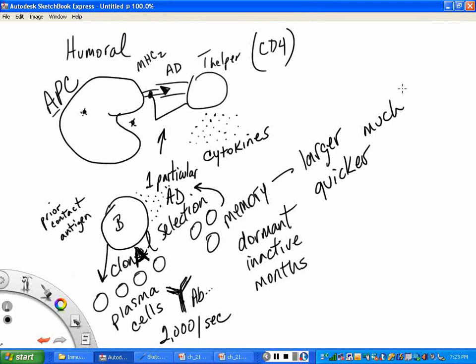In fact, the first time you meet a new antigenic determinant and you go through the B cell response and you make antibodies, it takes 7 to 10 days to really combat that. They call this a primary immune response. That's the very first time that you've ever met that bad guy.